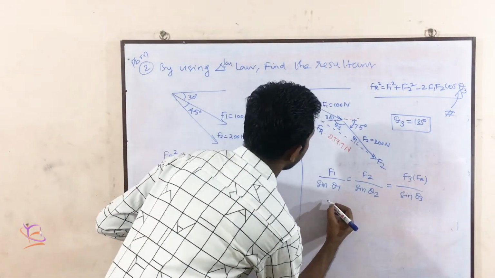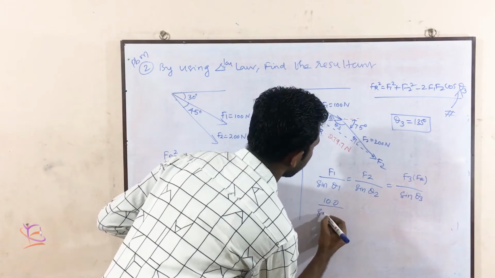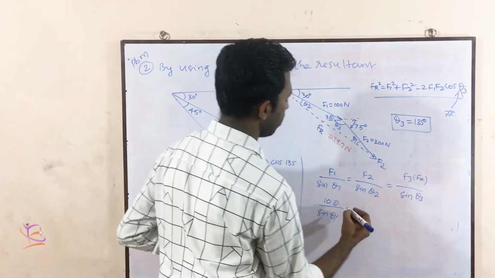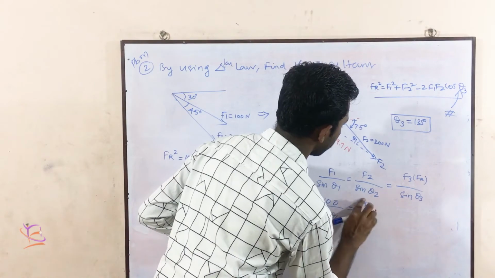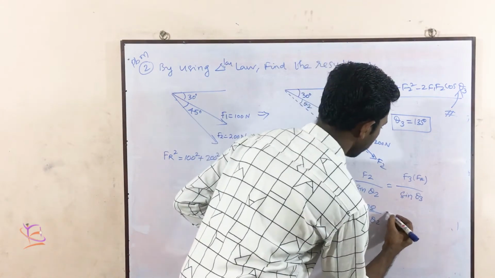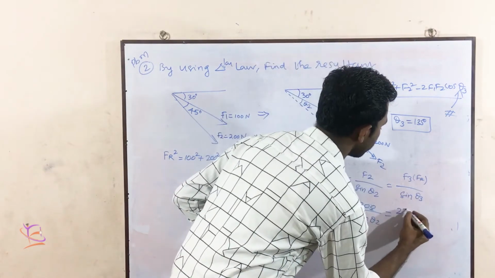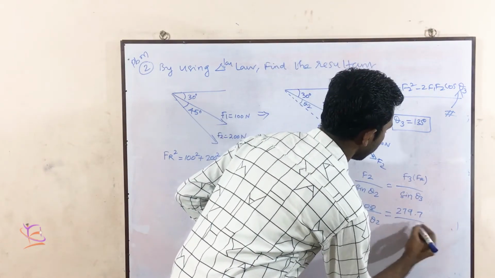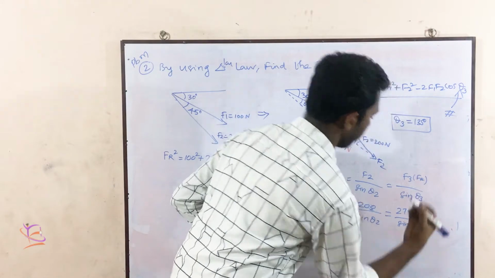So say here F1 is 100 divided by sine theta 1, equal to F2, 200 divided by sine theta 2, equal to F3 value, 279.7 divided by sine theta 3.